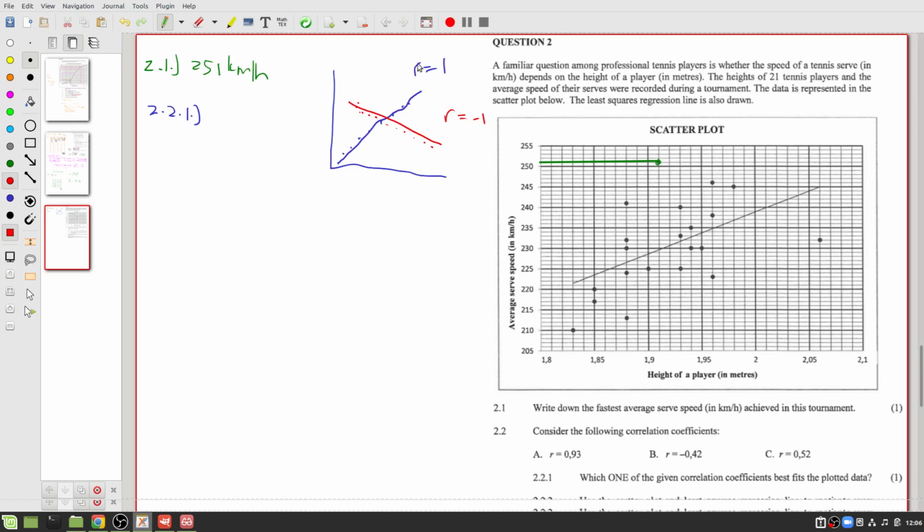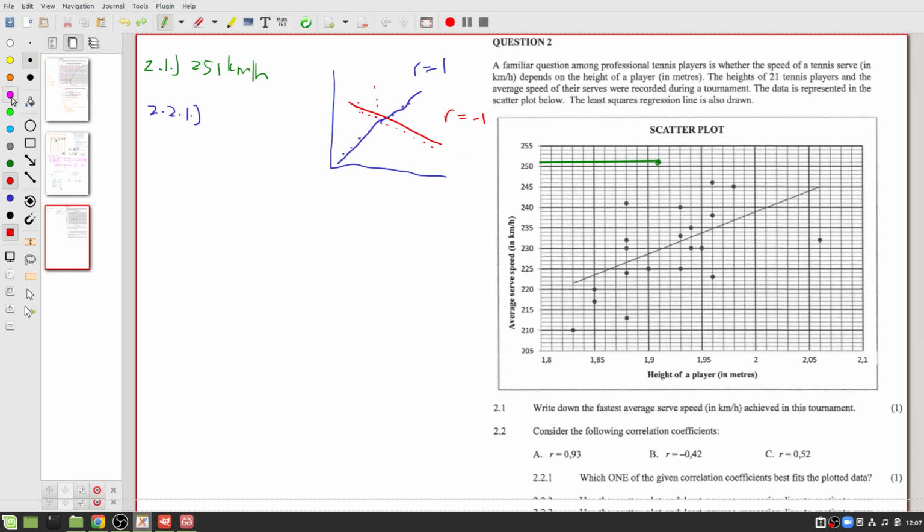Now notice that R equals 1, R equals -1, that's not the gradient of the line. The positive and negative tell us the direction, but we don't care what the gradient is exactly. I mean, the line could be like this. That would still be R equals -1, because it's a perfect fit and the line is going down. Right, so that's the important thing.